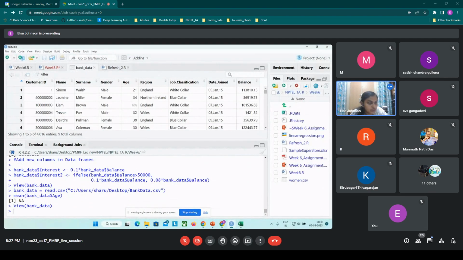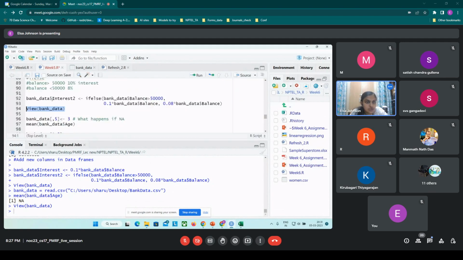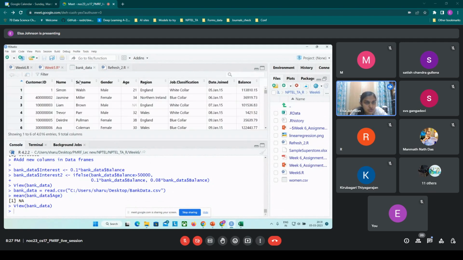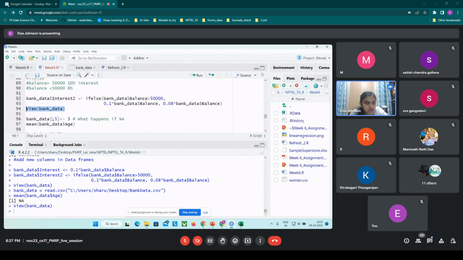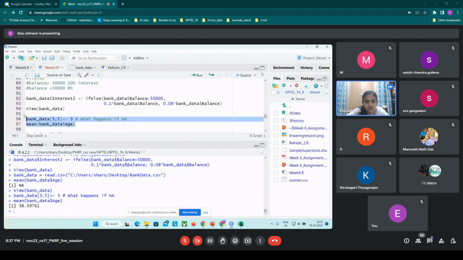Third row is coming as NA. Now what you can see is the third row and the fifth column. You can just change that data and then you can calculate the mean.